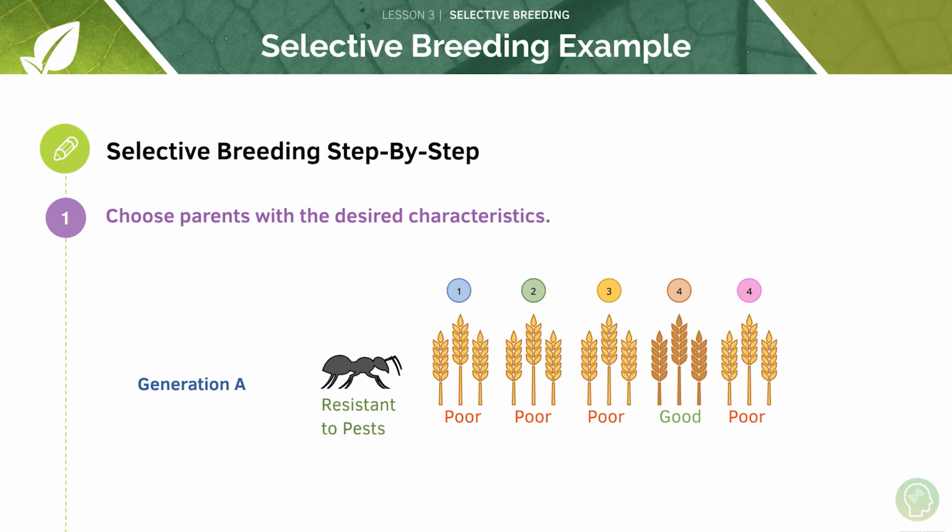That means that we're going to want to select for this crop here, because this is the one that survived the pest infestation, and it's the one with the desired characteristics because it had some kind of resistance. Whereas these ones did not have this resistance gene. Sorry, that should say 5 there, it says 4. So we select for this crop here.